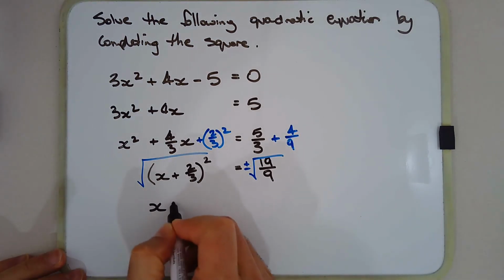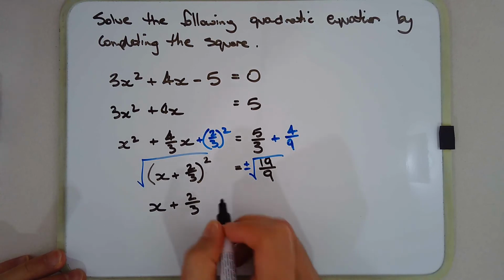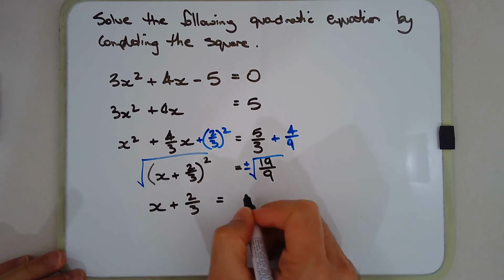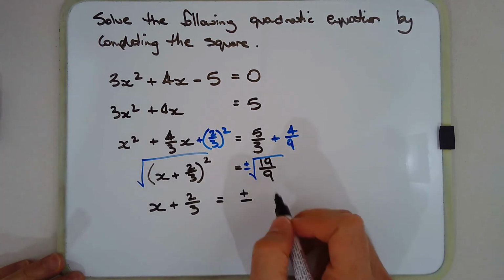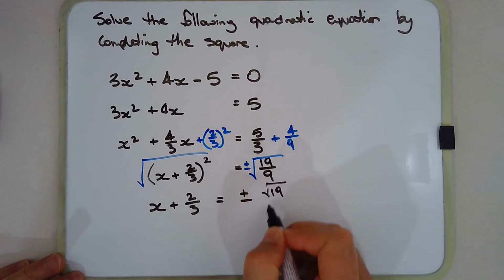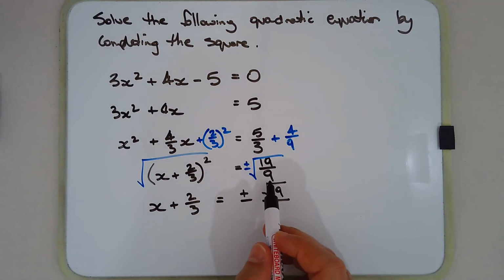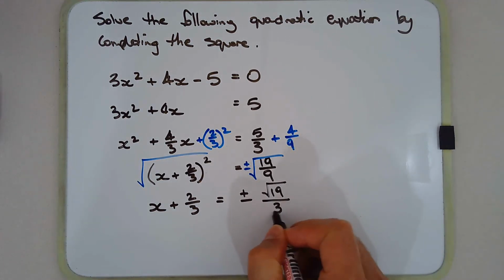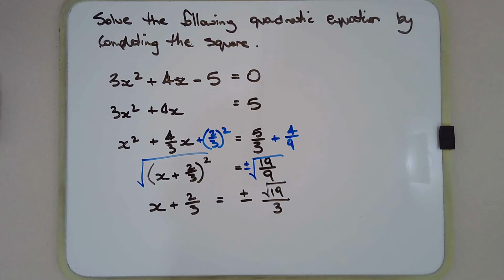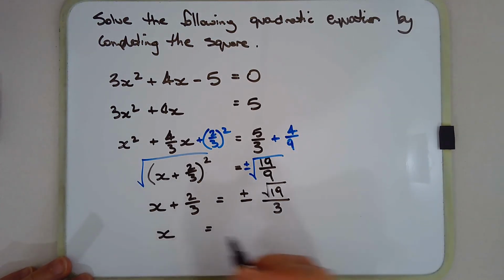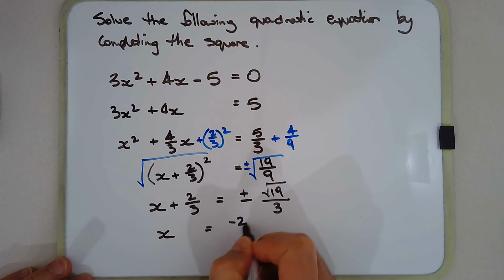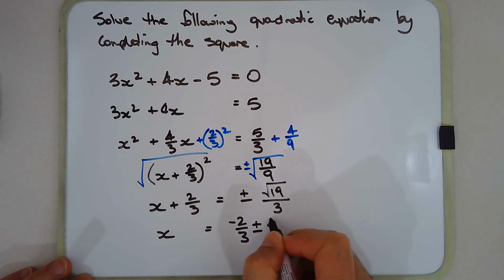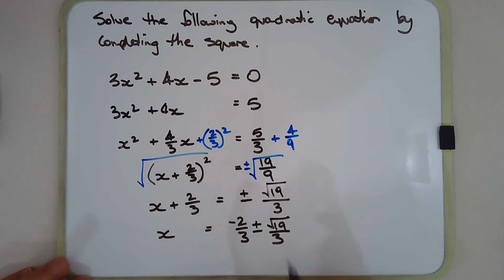Continuing on, x plus 2 on 3 is equal to plus or minus the square root of 19 on 9. I might express the surd in the numerator; in the denominator, the square root of 9 is 3, a nice whole number there. It doesn't have to be a surd. Now let's subtract 2 on 3 from both sides. So x is equal to negative 2 on 3 plus or minus the square root of 19 on 3.